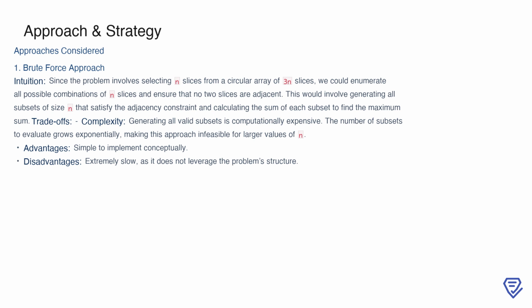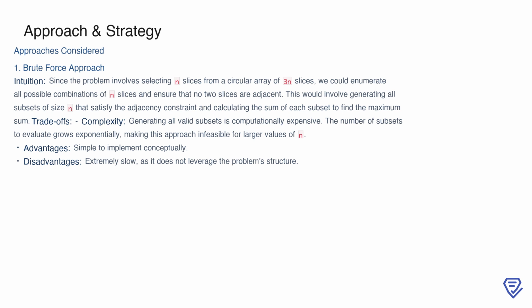To begin, let's consider the brute force approach. The idea here is to enumerate all possible combinations of n slices from the given 3n slices in a circular array. Since no 2 selected slices can be adjacent, we would need to ensure that all subsets generated adhere to this adjacency constraint. For each valid subset, we calculate the sum of the selected slices and determine the maximum sum.